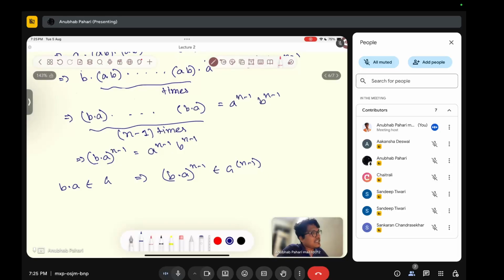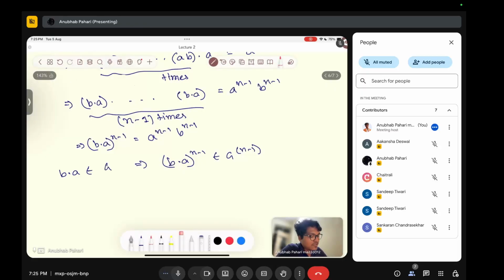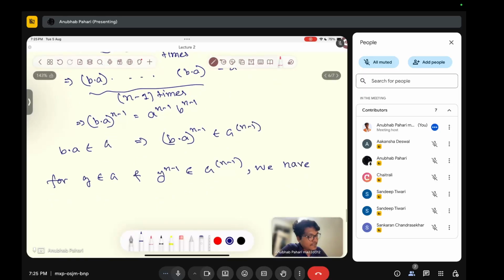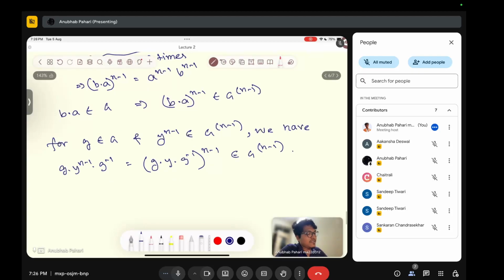And then again the inverse, the associativity and the identity follow, and showing that it is normal again follows from the previous argument: for g belonging to G and y^(n-1) belonging to G^(n-1), we have g y^(n-1) g inverse, and this will simply imply (g y g inverse)^(n-1), and this belongs to G^(n-1), right?